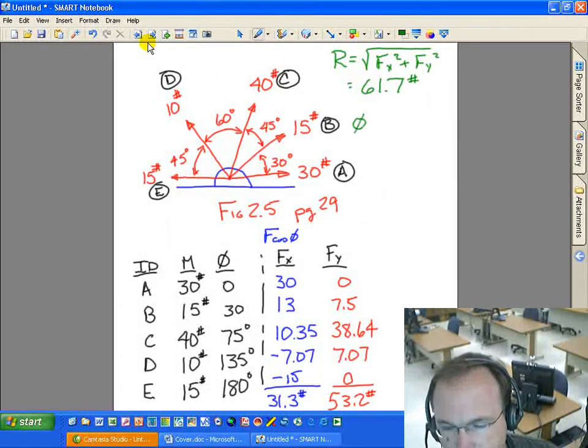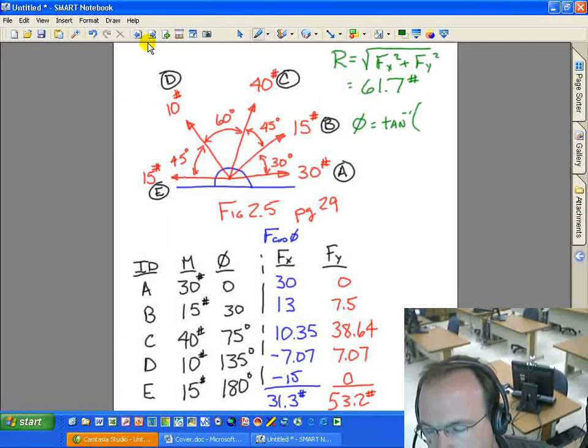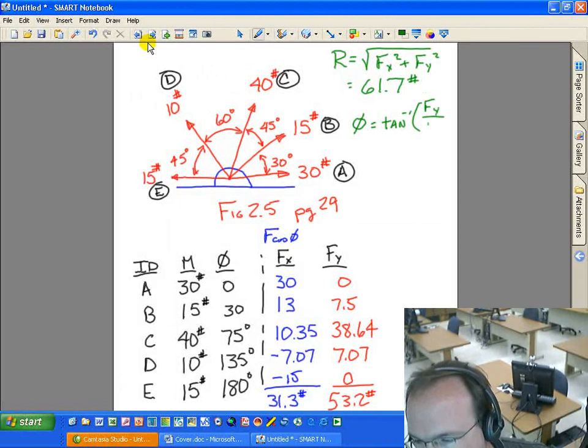And my phi is going to be the tangent inverse of Fy divided by Fx.